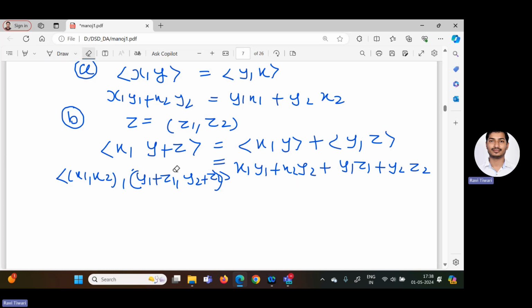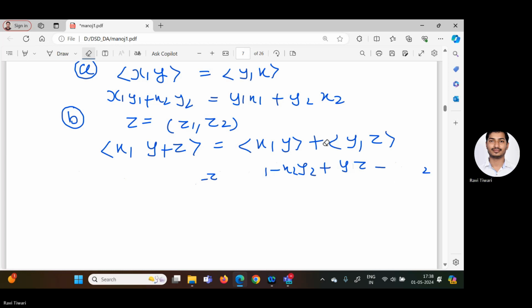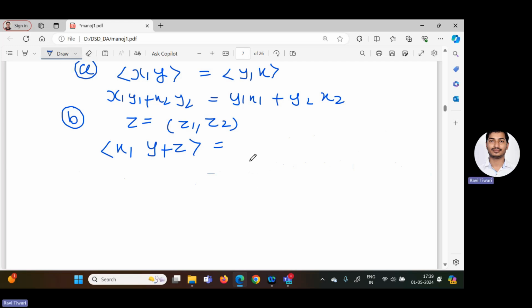Inner product of X, Y plus Z is equal to inner product of X, Y plus inner product of X, Z, not Y, Z.